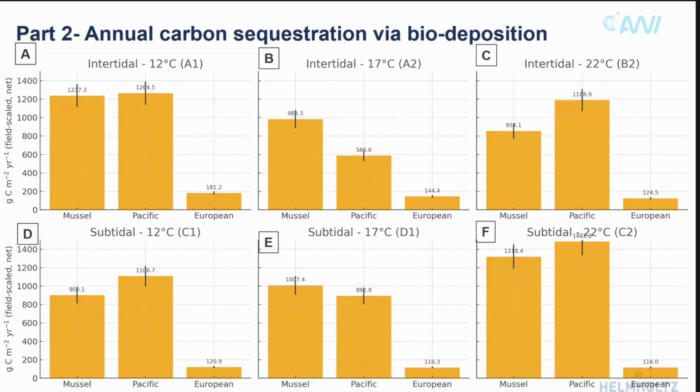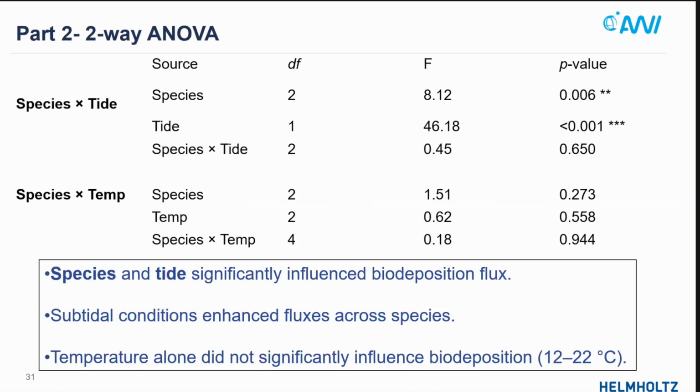And then we wanted to understand, we did a two-way ANOVA to understand the influence of species, tide and temperature on biodeposition. So here we can see that species and tide had significant influence on the biodeposition rate. And in subtidal conditions, they enhance the flux across species, but temperature, at least within our temperature range, didn't influence the biodeposition that much.